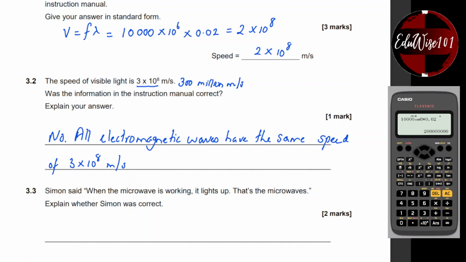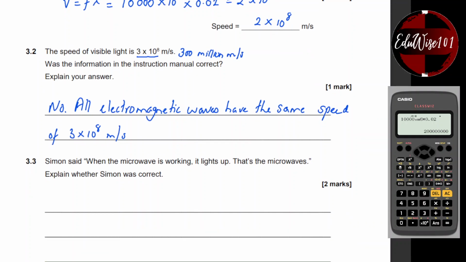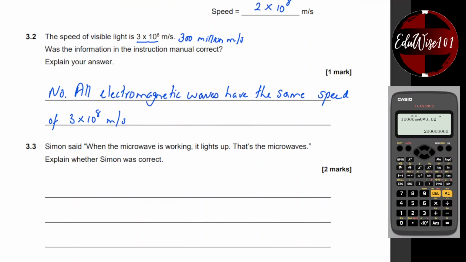Next question, 3.3. Simon said, when the microwave is working, it lights up, thus the microwaves. Explain whether Simon was correct.